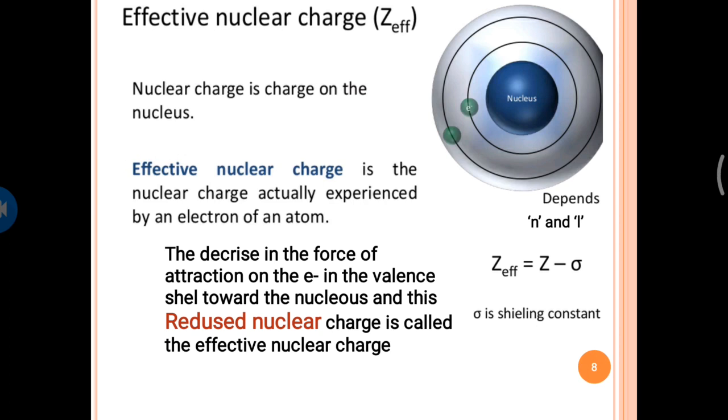We calculate it using the formula Z effective is equal to Z minus sigma. This is the equation for calculation of effective nuclear charge.